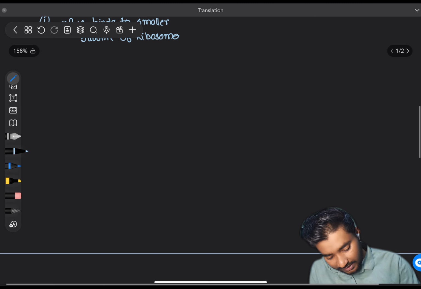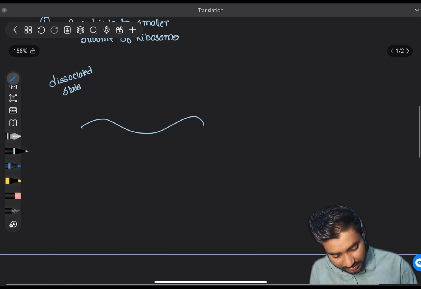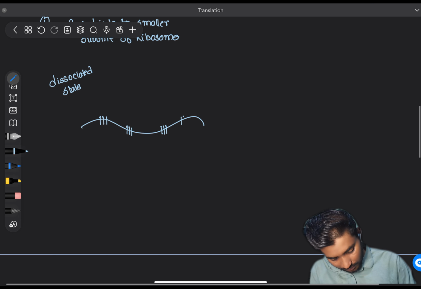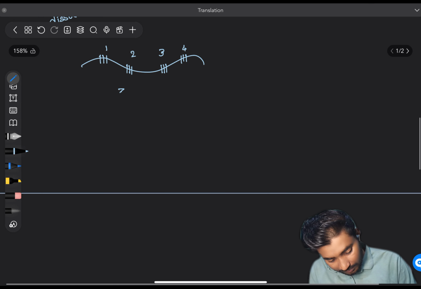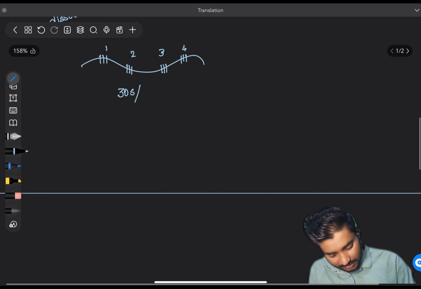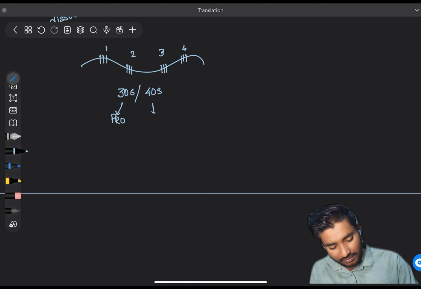So it is a dissociated state. What is the dissociated state? Here you see the ribosome may be of 30S or 40S. 30S is prokaryotic and 40S is eukaryotic.